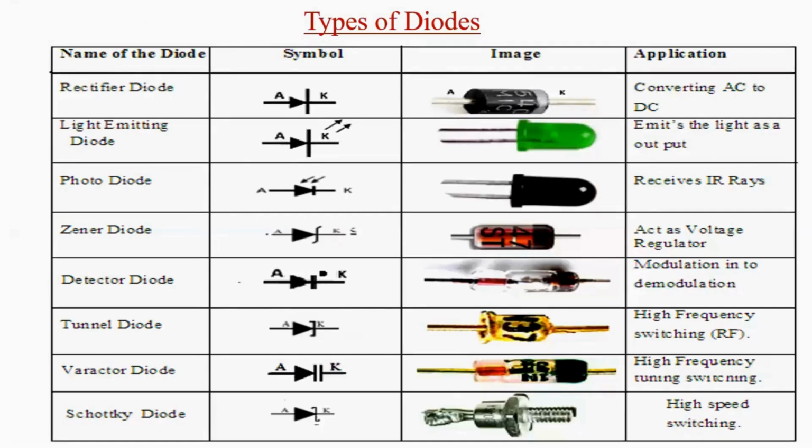Now here come the types of diodes. Before going to the types, you should remember there are different types of diodes with different functions. Mainly, there are two functions of the diode: one is rectification, another is regulation, and the third function we call switching.